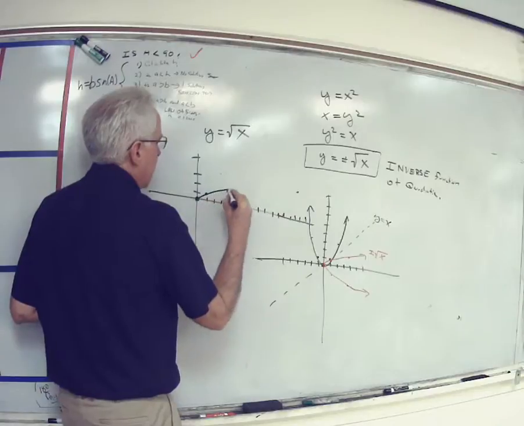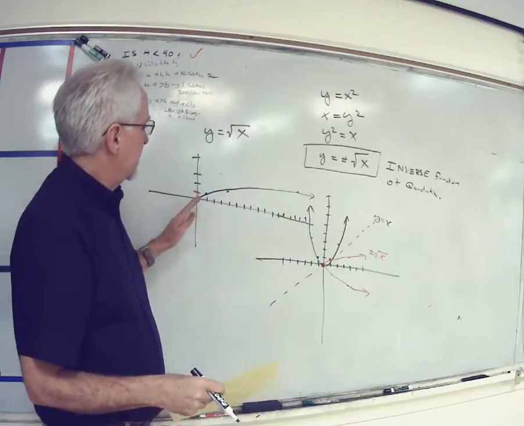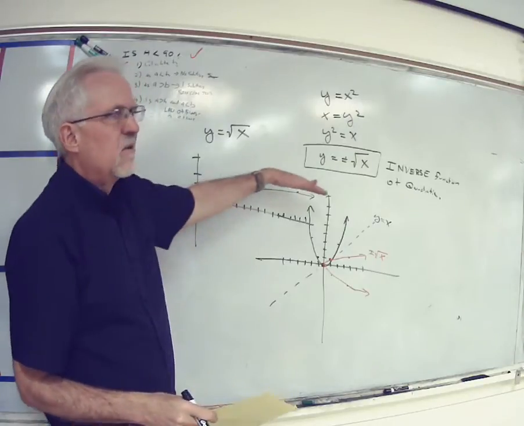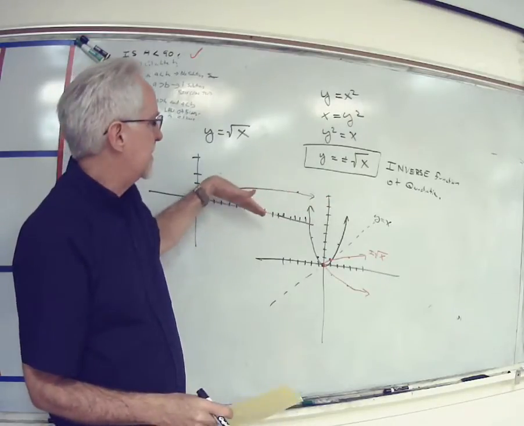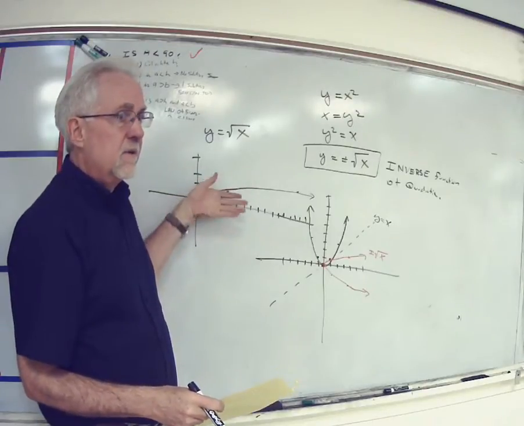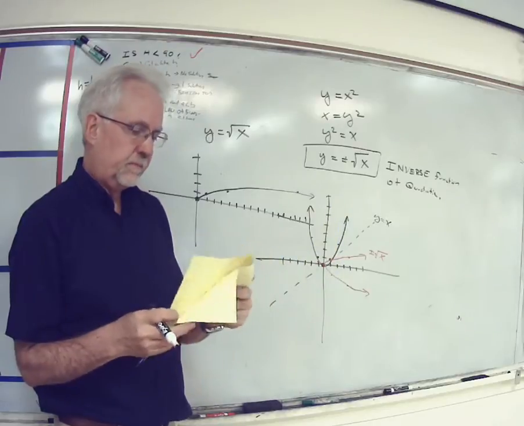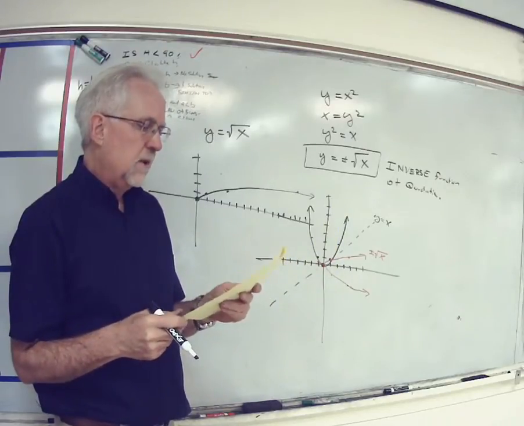So you see how it's really flat, laid over like that. The square root looks like a really flat function, but it's just the quadratic laid over on its side. If you don't do the plus or minus, you just end up with one leg of it. Does that make sense?